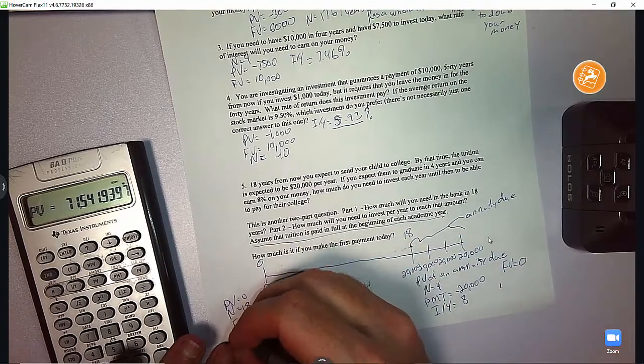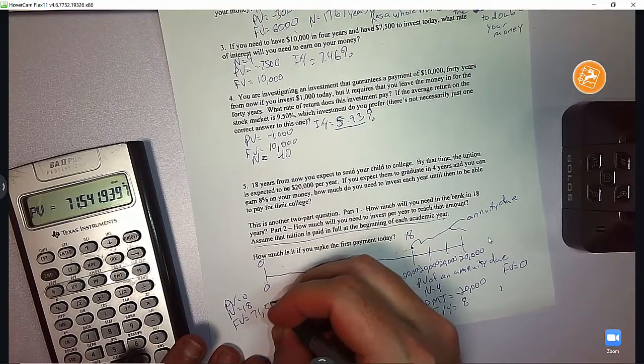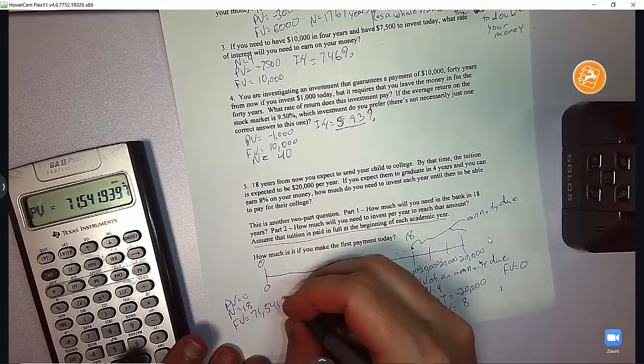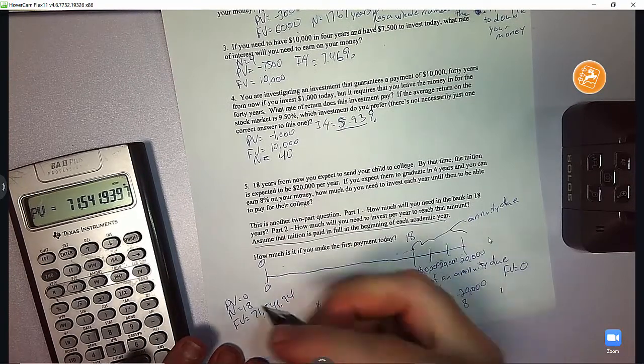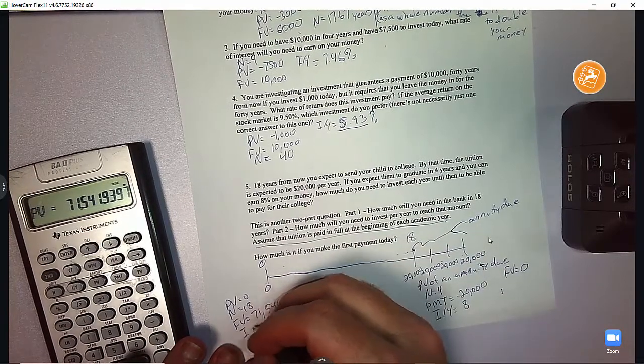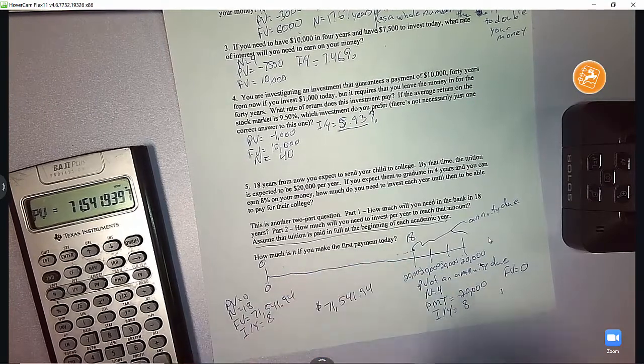My future value is equal to $71,541.94. And my interest rate is equal to 8%. And then I'm going to solve for that payment.